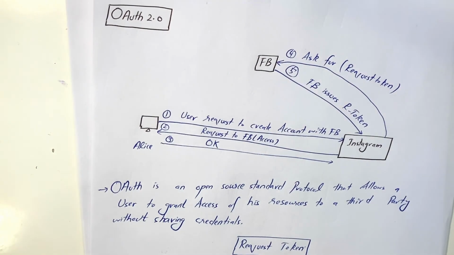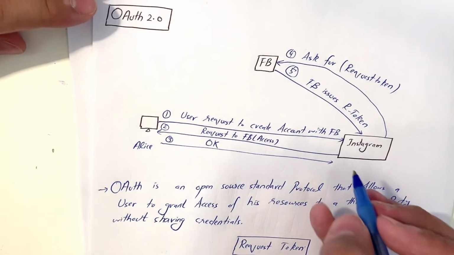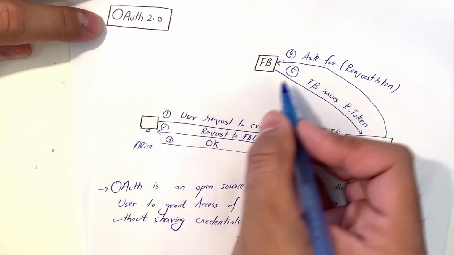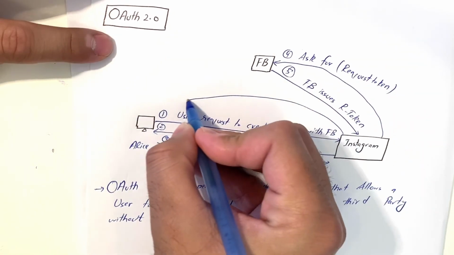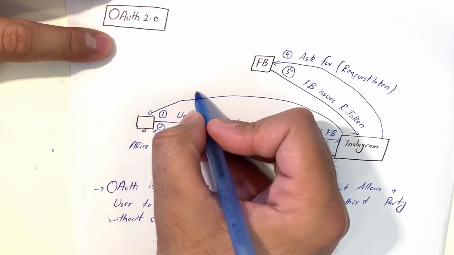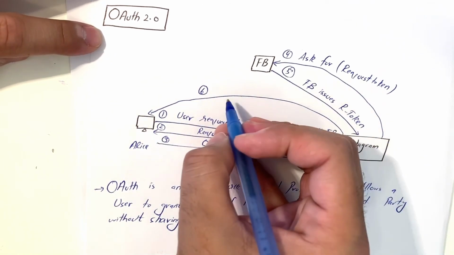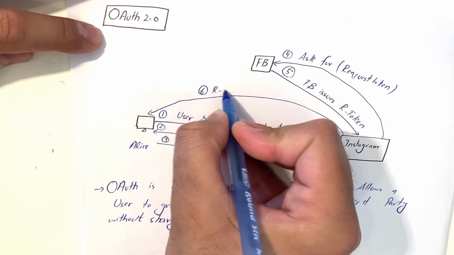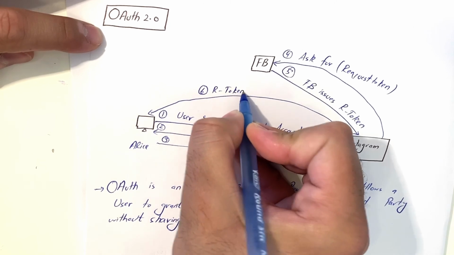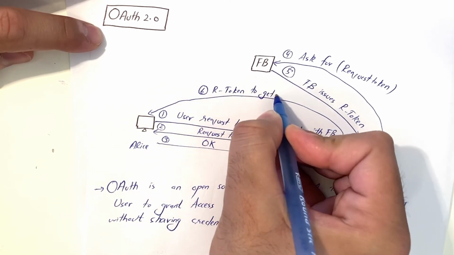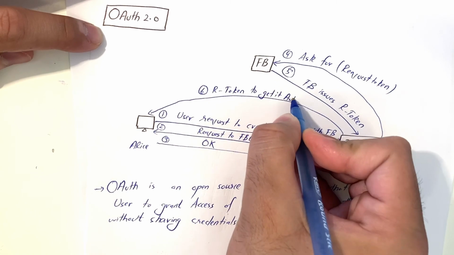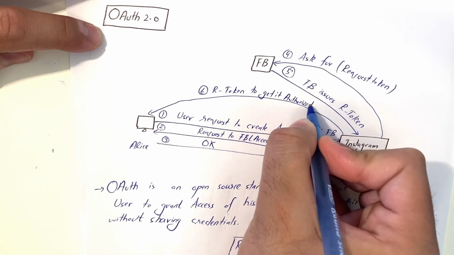Now, after Instagram gets that request token, this is the fifth step. In the sixth step, Instagram will send you the request token, R token, to get it authorized. They ask you to please sign it, authorize it.